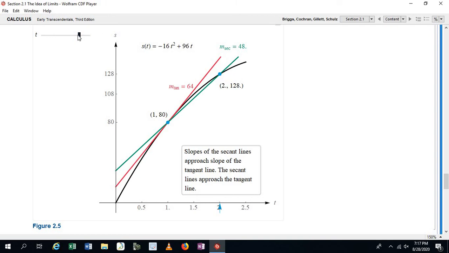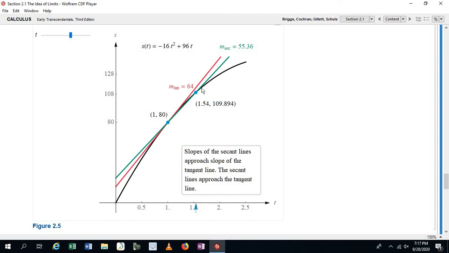And you can see that as t approaches 1, this green secant line is approaching this red line, which, by the way, has a slope of 64, which is the instantaneous velocity right when t is equal to 1.